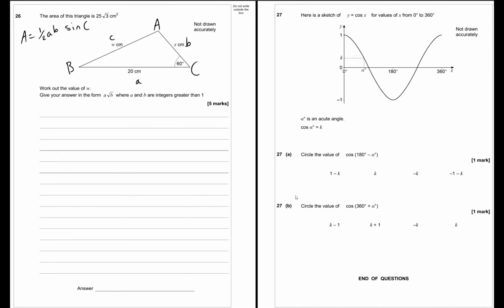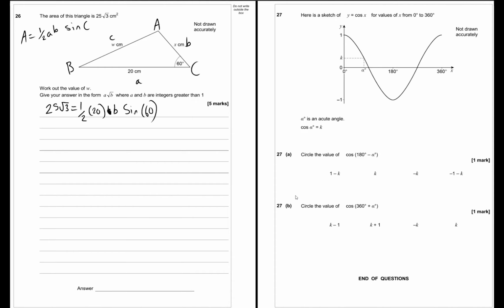Okay, so let's substitute in what we know. The area is 25 root 3, so we can put that in, is equal to half ab, where we know a is 20, we don't know b, so we're just going to call it x. Well, we can just keep it b, that makes life a bit easier. Sine C, and C is 60 degrees.